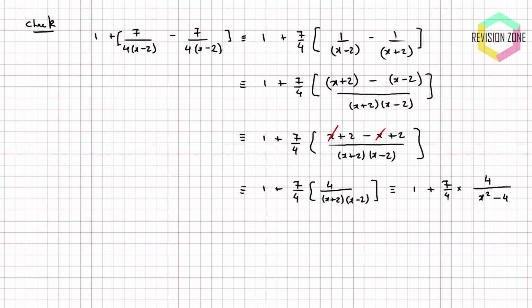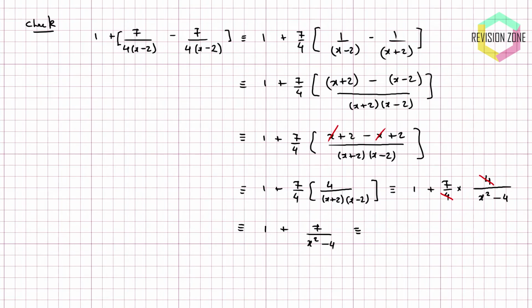Again, we see the 4 in this denominator is going to cancel with the 4 in that numerator. So the entire fraction we're actually dealing with is much better simplified to just give me 7 over x squared minus 4. And now we're nearly home, because all we have to do is express this as one fraction.